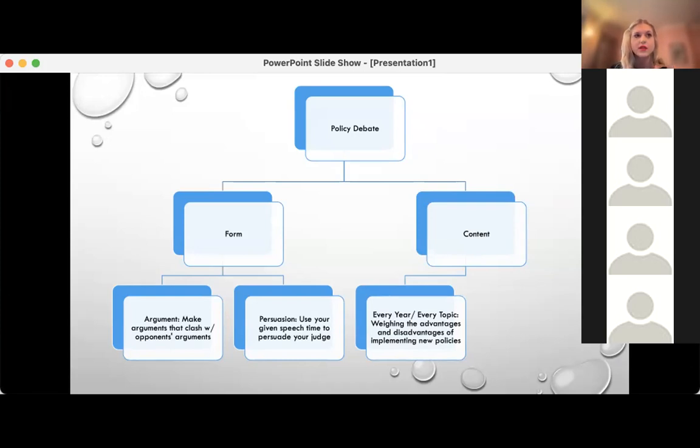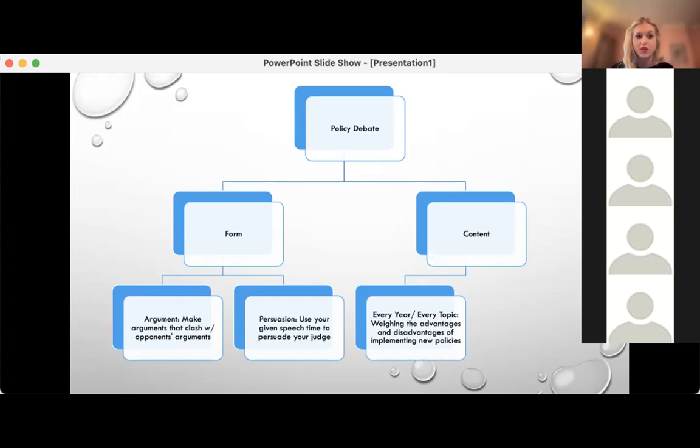So there's a resolution that determines the topic. It usually starts with "the United States federal government should." It hasn't throughout all time, but pretty much the last many decades, the resolution starts with "the United States federal government should," but then what the policy is about, what the policies are geared towards.